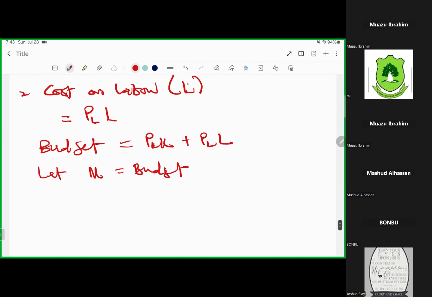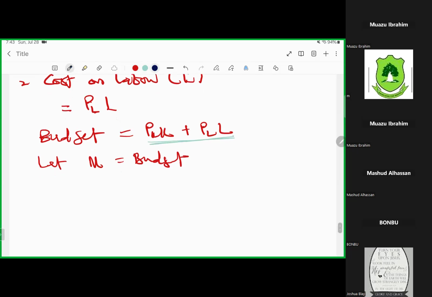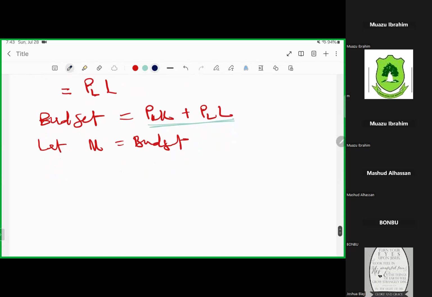So please note that you want to maximize your output, but you are subject to a budget constraint, which means your total amount of production will be contingent on the budget.